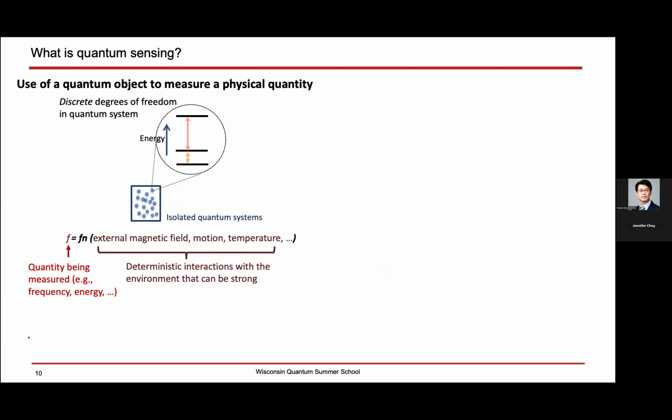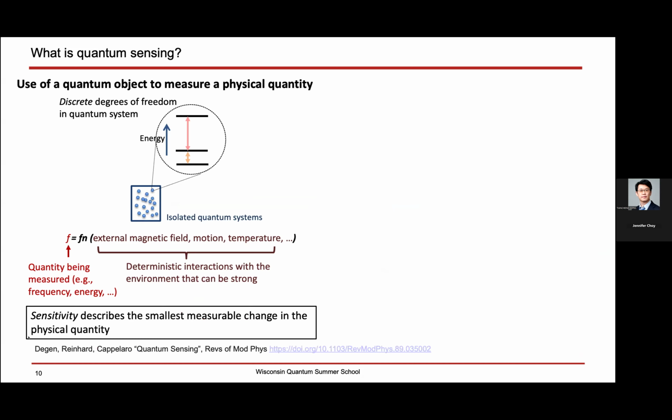And when we're talking about developing a sensor, the concept of sensitivity is basically the smallest detectable change you can have. Let's say the change in magnetic field that leads to your measured frequency change still being detectable and deterministic. You can imagine that any measurement will have some noise.